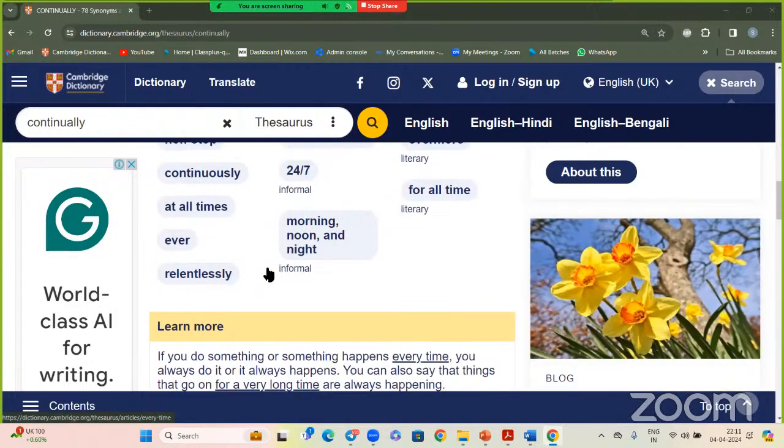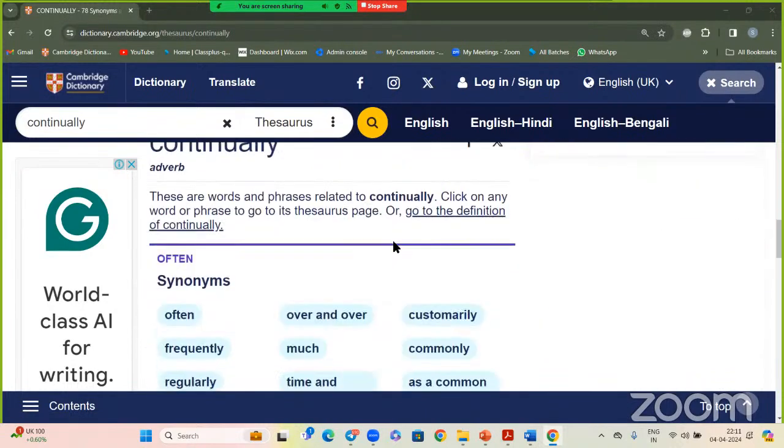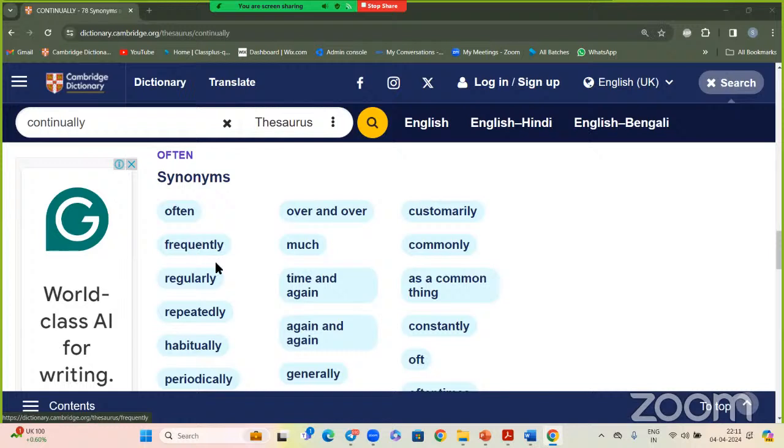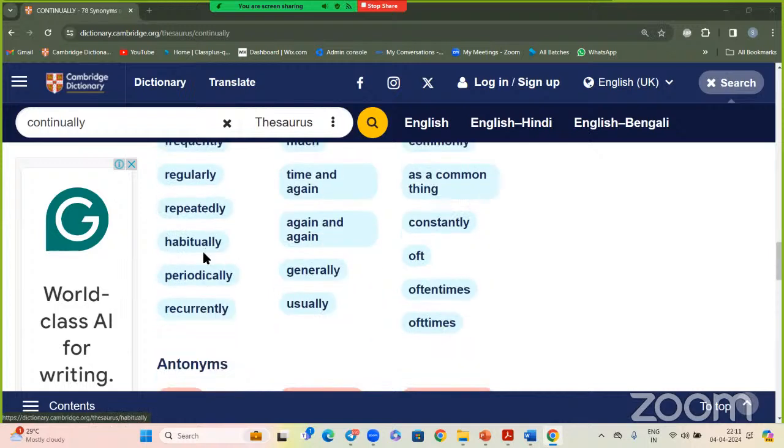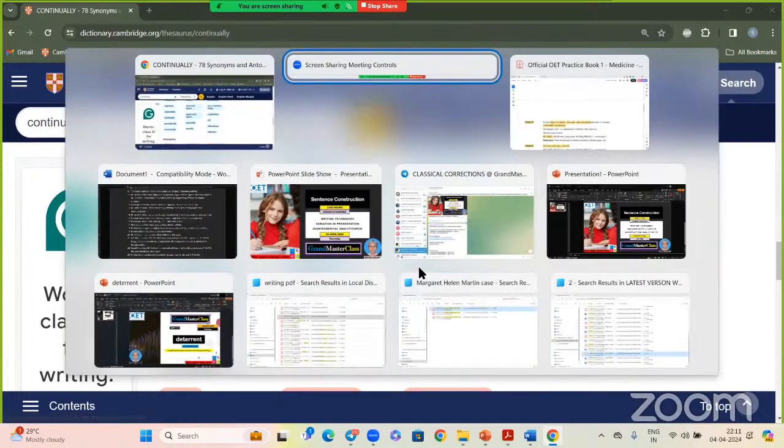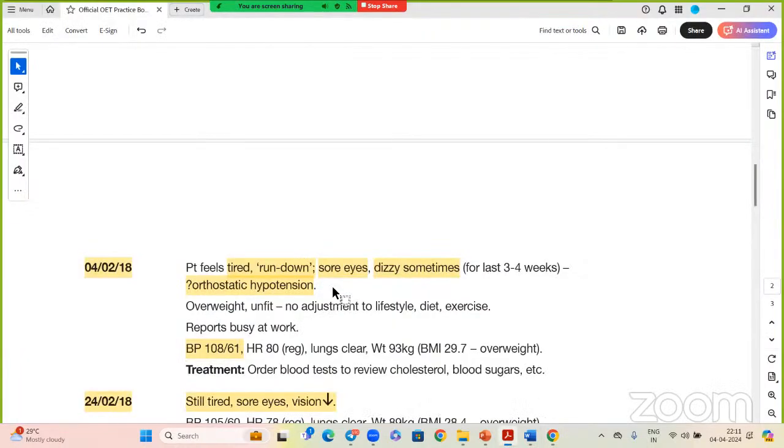In between, sometimes late, sometimes not late, but continually means many times, multiple occasions. Means frequently, over and over, repeatedly, habitually. Okay, these are the words usually. So how we are using these words is very important.